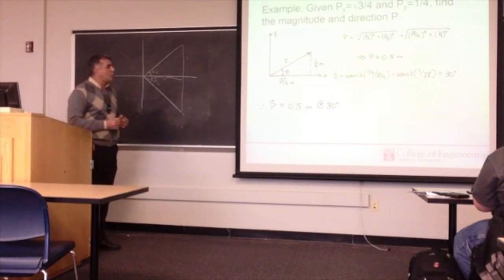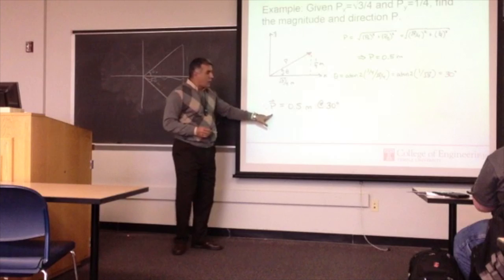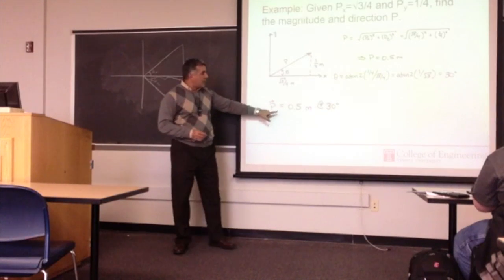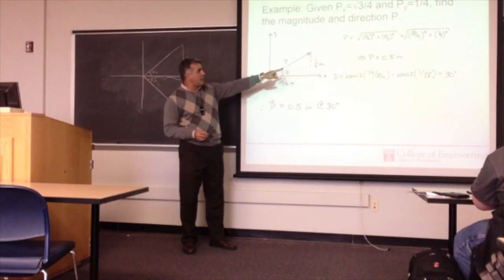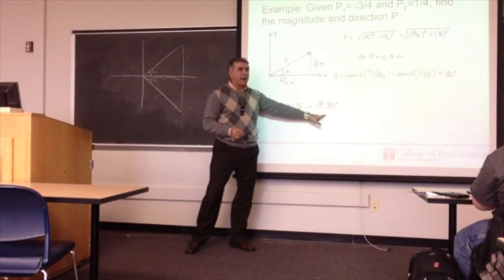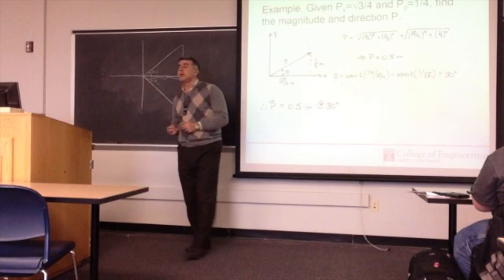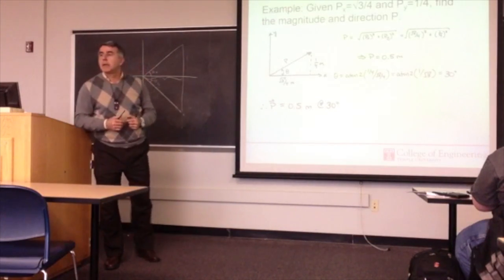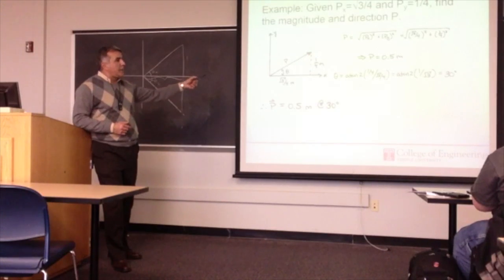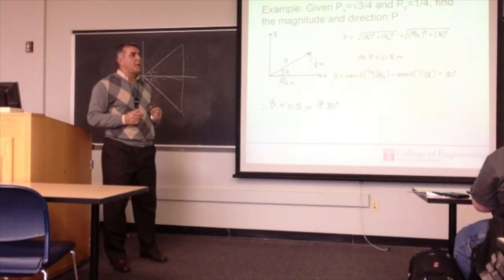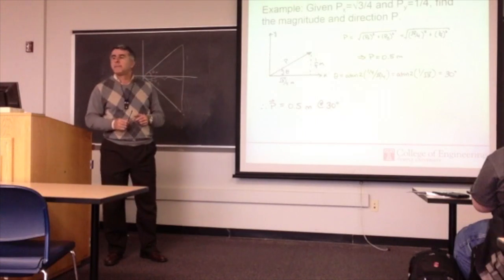So if I want to show it in a polar coordinate system, I give the magnitude, which is half a meter, and I give the angle. What's this called? Polar, like poles. Yeah, polar coordinate system. If you want to describe this vector in a Cartesian coordinate system, how do you write it?